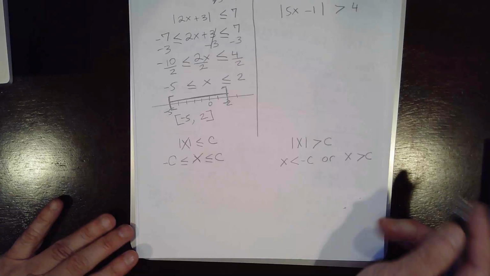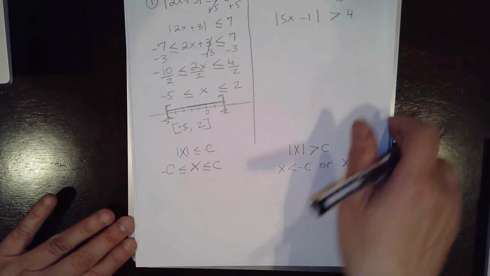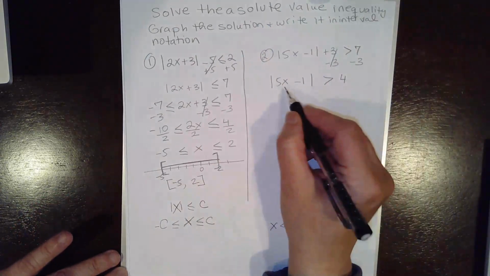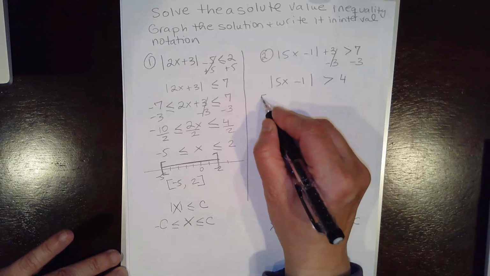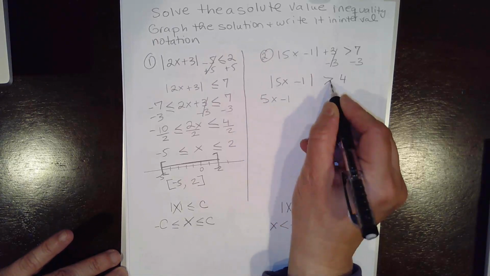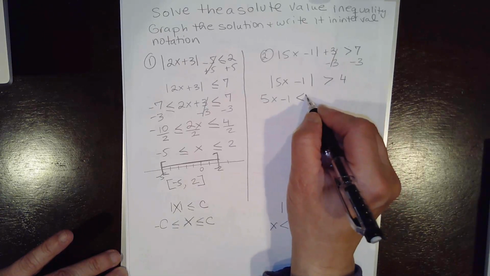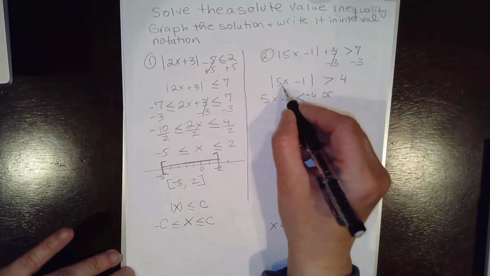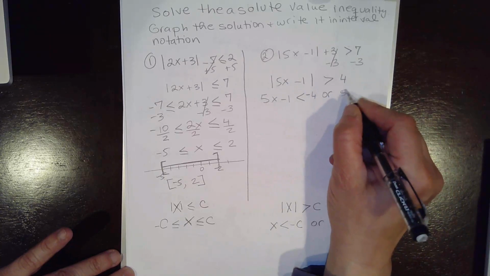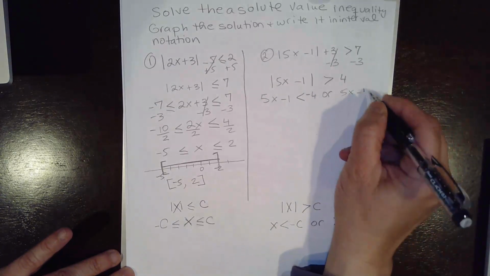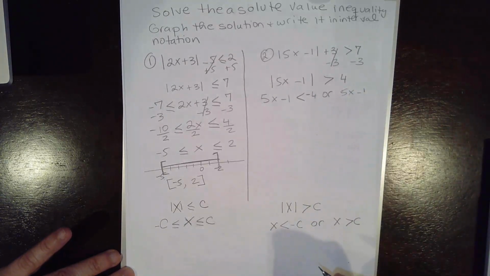So you remove the absolute value, you get 5x minus 1. You flip this, greater becomes less than, the opposite of 4 is negative 4, or the same without the absolute value, 5x minus 1 greater than 4.